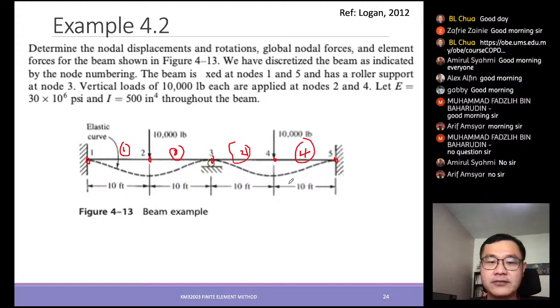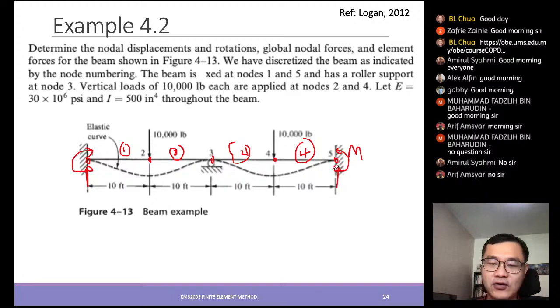Replace this wall with a reaction force as well as a reaction moment, while this load remains there. Same thing for this wall, you may have a reaction moment as well as a reaction force.